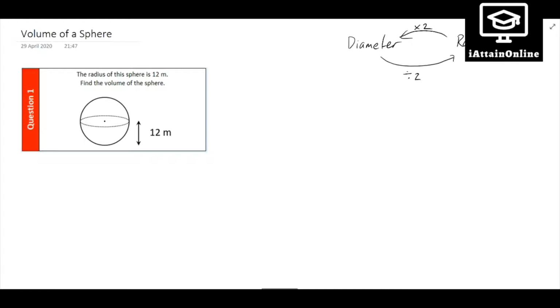Okay. So here's your sphere. You need to know the formula. The volume of a sphere is equal to 4 pi r cubed all over 3. Now, the important thing you need to spot here is that you need the radius, and then we're just going to substitute that value in.